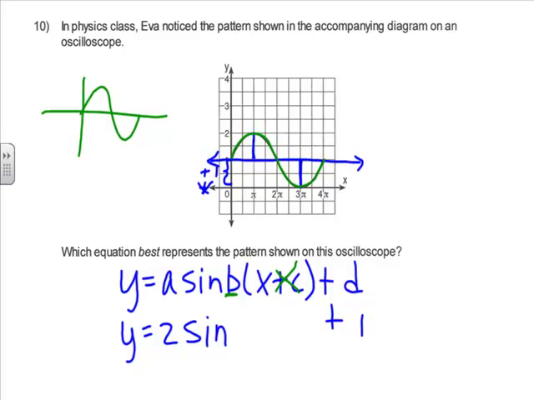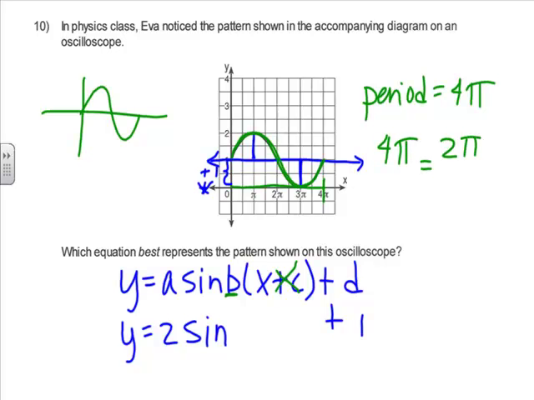The way I'm going to figure out what b is, I'm going to look at this and say, how long does it take to do its thing once? And if I'm walking along here looking at it, I see that it gets the job done in 4 pi. So the period is equal to 4 pi. And I know that period is equal to 2 pi over b, and b is the thing that I need to get.